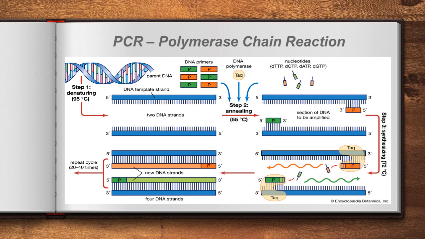So the two strands become two DNAs. Then the process is repeated many times and millions of copies of the same DNA are produced. This technology is also applied as a taxonomical tool.